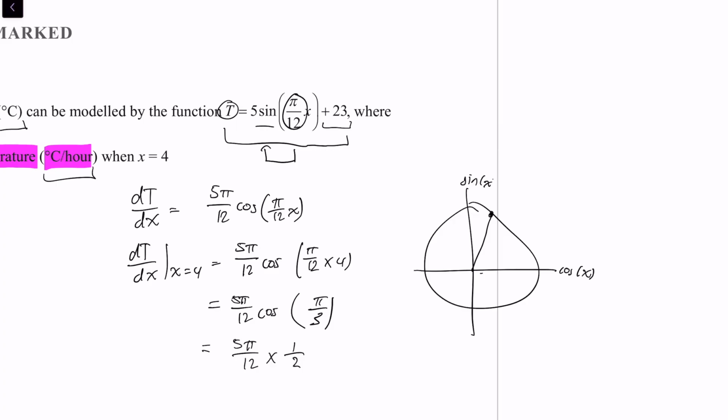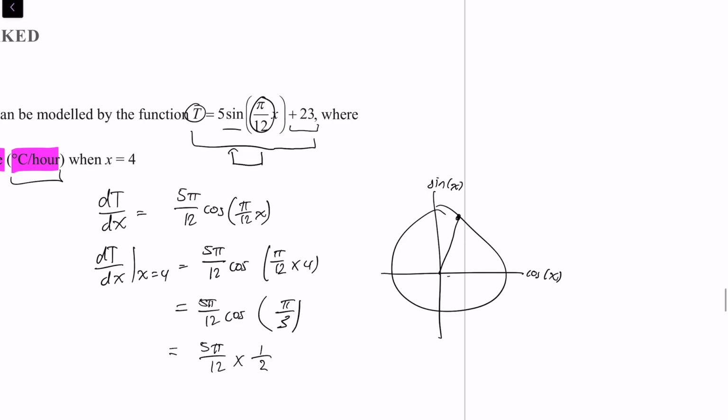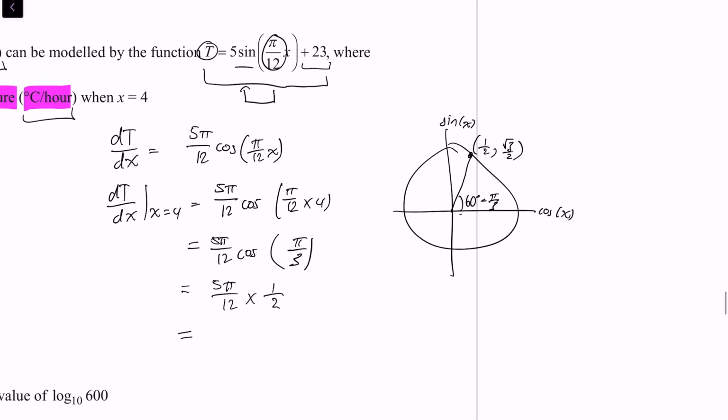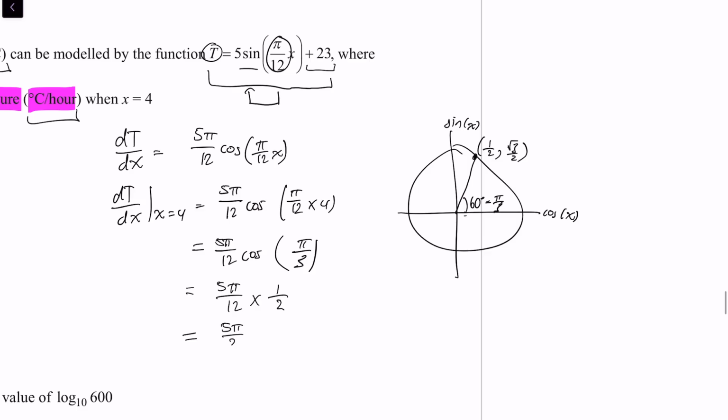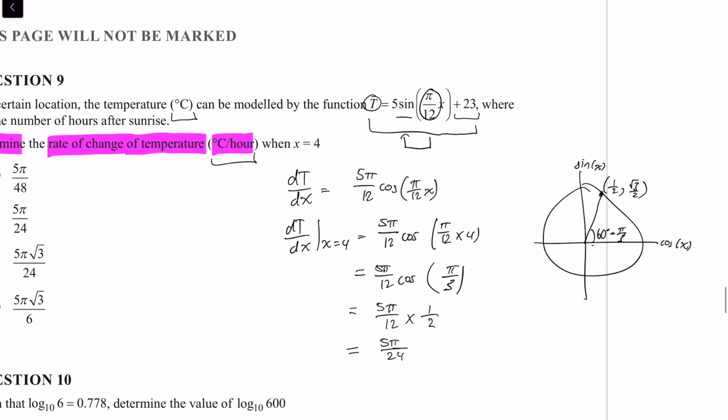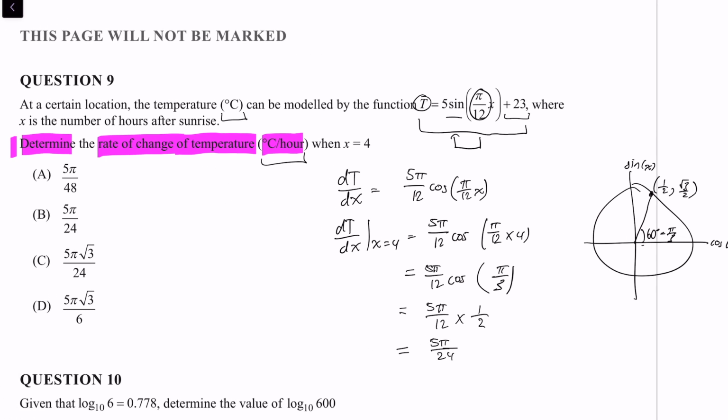Just a reminder there. So in other words, this would be 1/2 comma root 3 on 2 at 60 degrees, or pi over 3. So once I know that, I can simply multiply through, and I have a rate of 5 pi over 24, which is our answer, B.